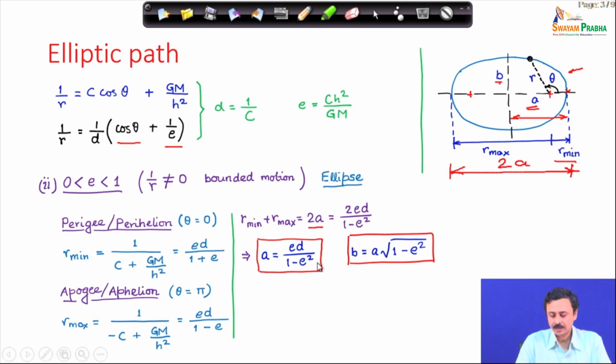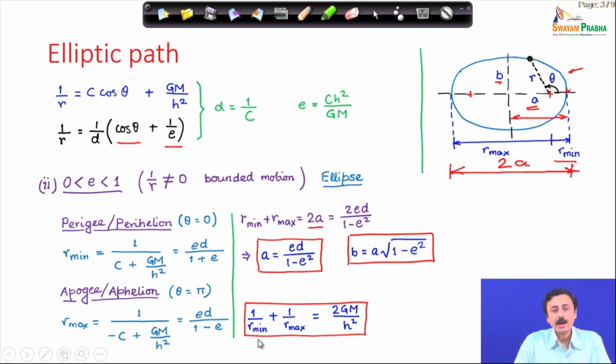Therefore, this semi major axis A is equal to E d by 1 minus E square, and it is known from geometry that the semi minor axis is related to the semi major axis through the eccentricity E, like this. B is A under root 1 minus E square. This is a standard geometry relation.